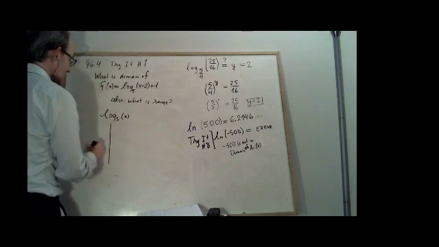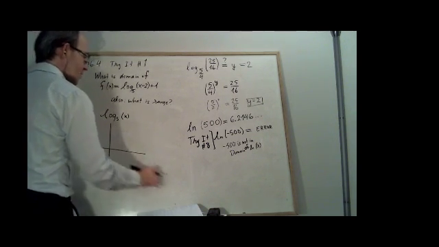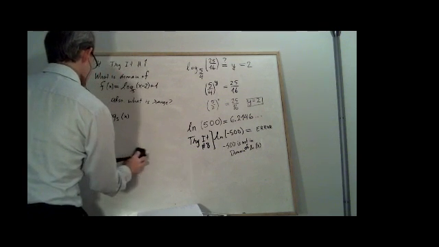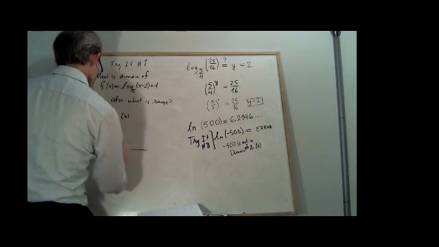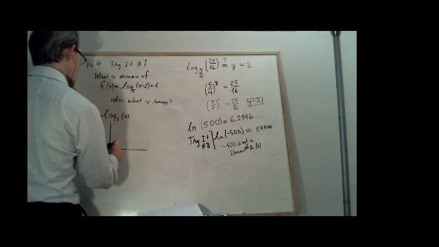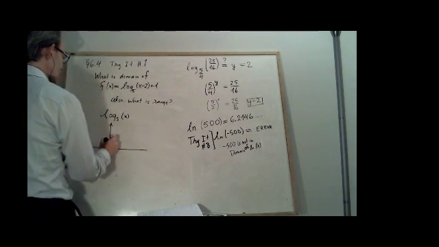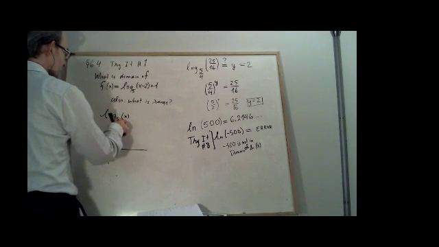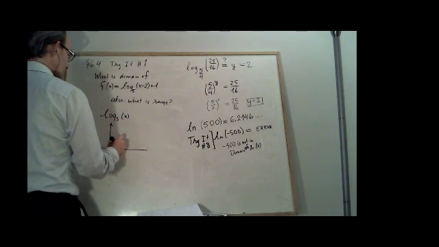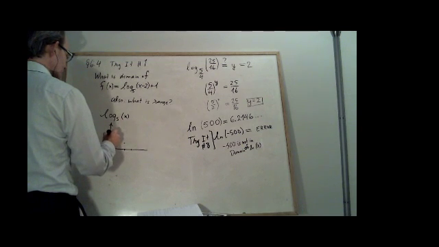So when we plot it, it will look something like this. The point where it goes through on the x-axis is at 1 for the simple logarithm function. So if I shift it over 2, that point will be over here. And the next value will give me y equals 5, so it will be way up here.